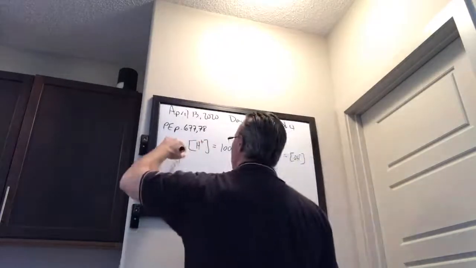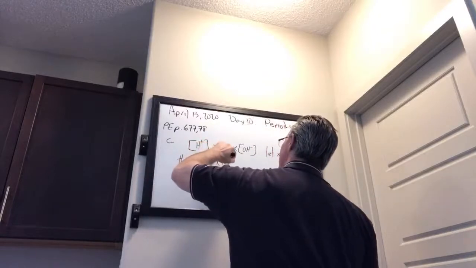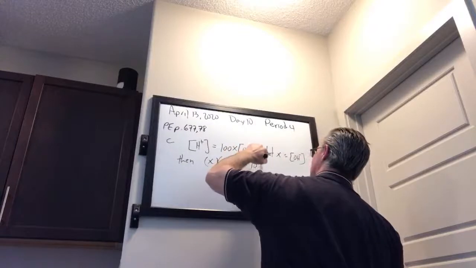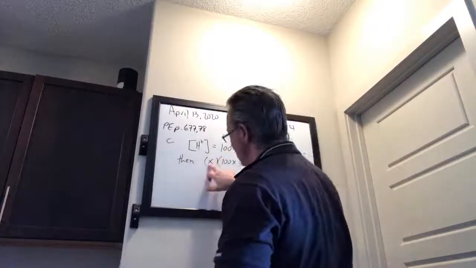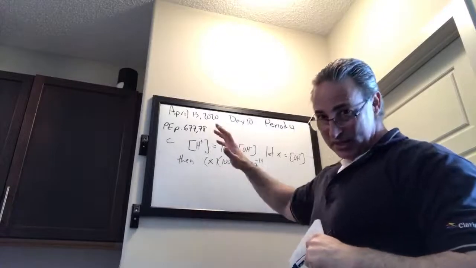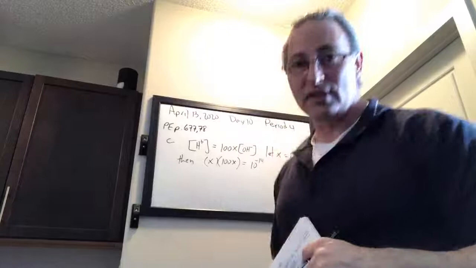Then X times 100X has to equal 10 to the negative 14, because one is representing the H plus concentration, the other one is representing the OH minus concentration. In aqueous solution, it always comes out to 10 to the negative 14.